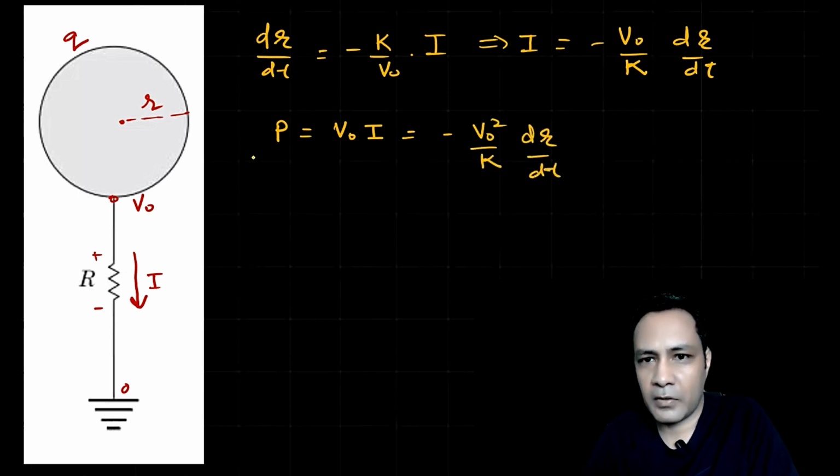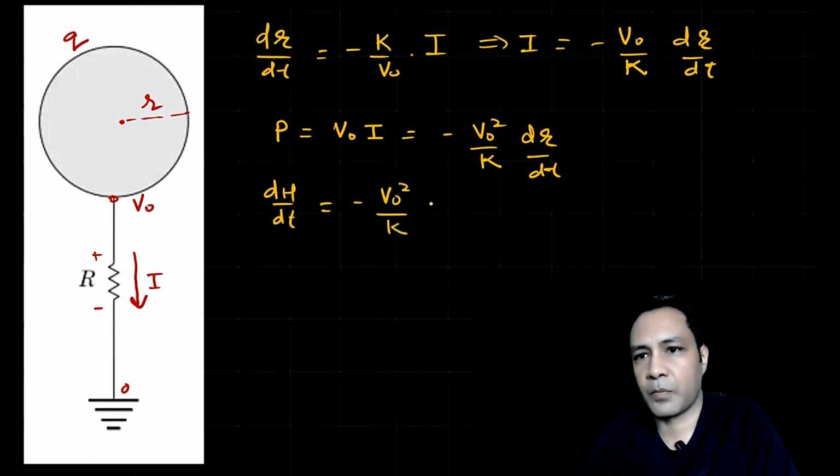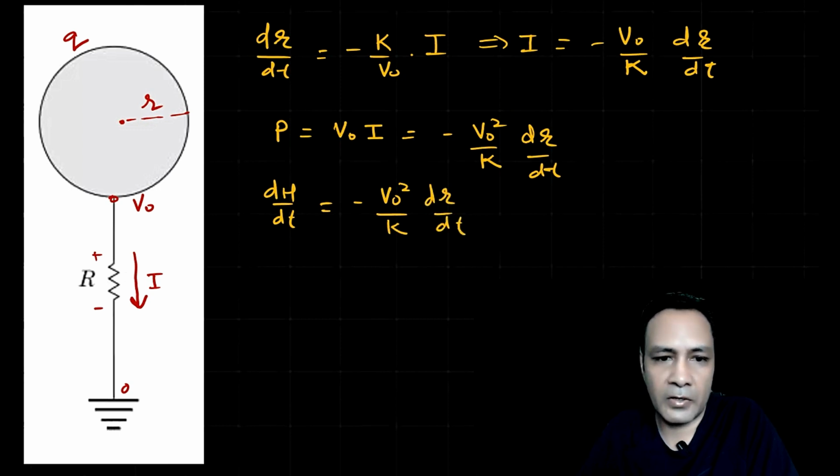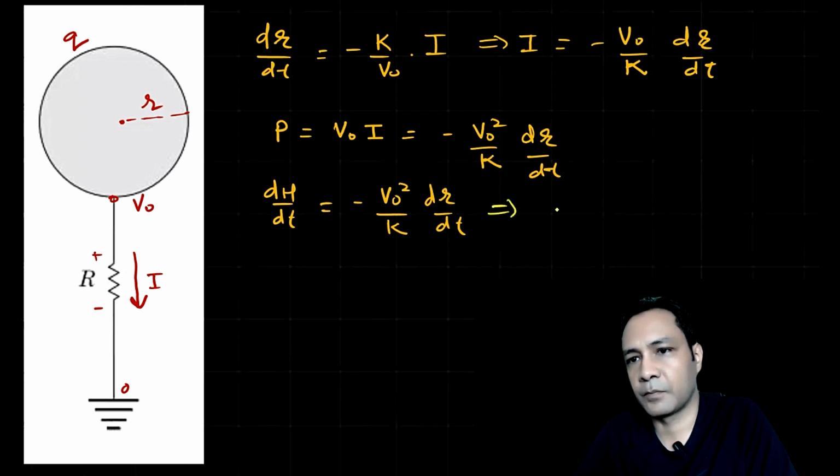The rate of dissipation of heat, dH by dt, is minus V naught square by K into dr by dt. So the dt will get cancelled, so we can write dH is equal to minus V naught square by K into dr.